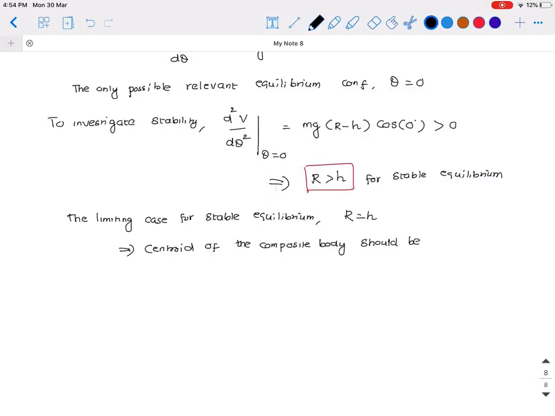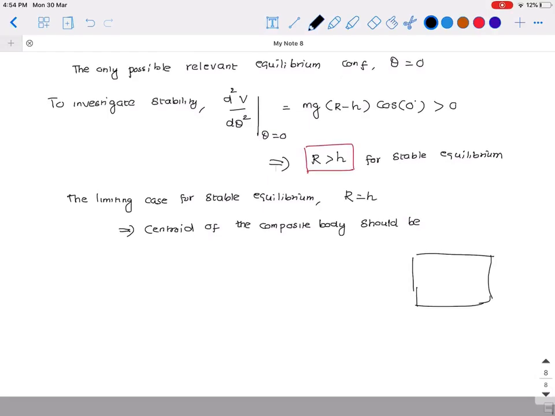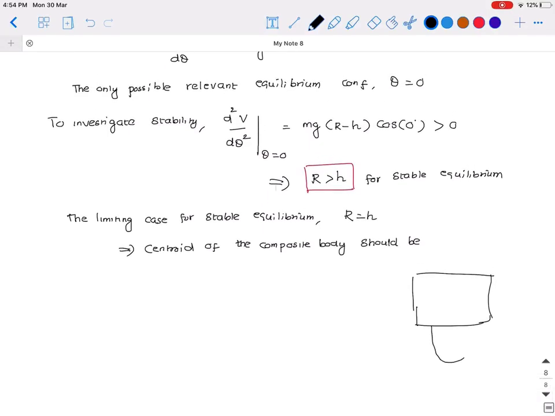So if we have this configuration, okay, so it is here. Okay, so the centroid should be here. Okay, that is the limiting case.